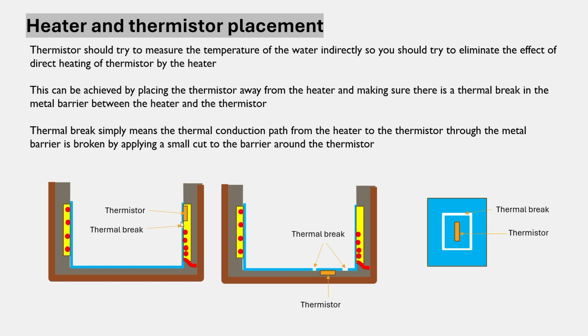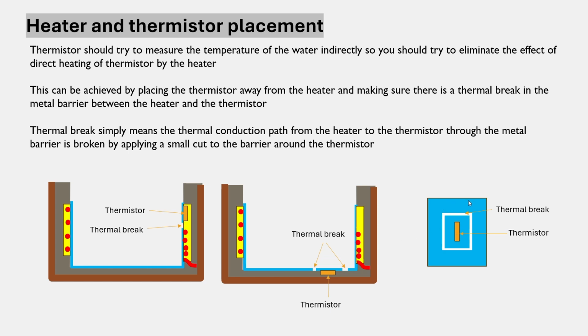The other way to do that is if they are all connected by a high thermal conductivity aluminum foil or copper foil or whatever, right, a metal foil, you create a break, a discontinuity in that foil between the heater and the thermistor. Okay, so if the thermistor is at the bottom, for example, you may have to have a thermal break like this. If it's at the top, it's like this. Essentially, it looks like this, right?